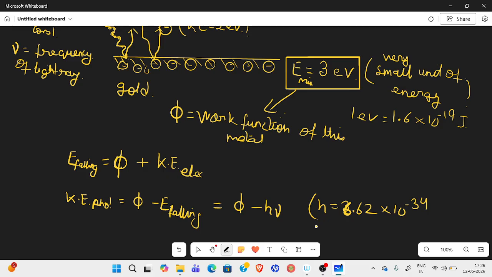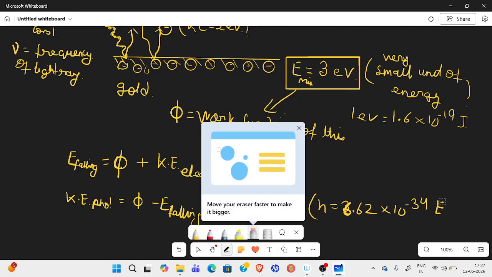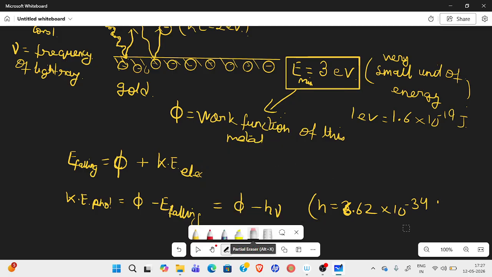Its unit is energy into time; energy is joule, so it has the unit of joule second.